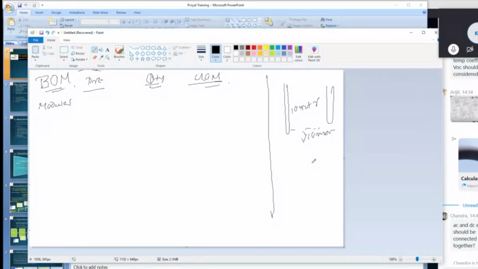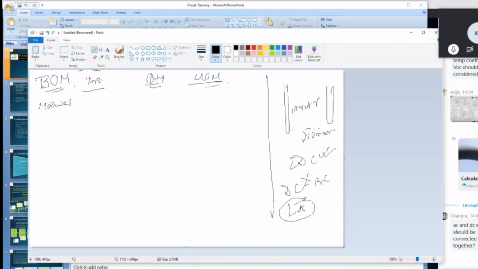The distance between two earthings should be greater than the length of the electrode we are using. I'm repeating, the distance between two earthings should be greater than the length of the electrode we are using. If we are going for two DC earthings, we can interconnect them, but DC and AC shouldn't be interconnected at any cost, and LA should always have a separate earthing.